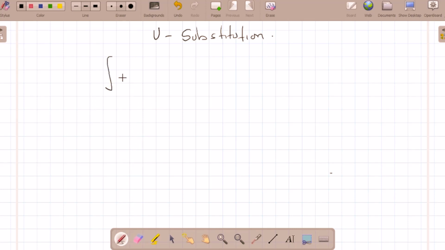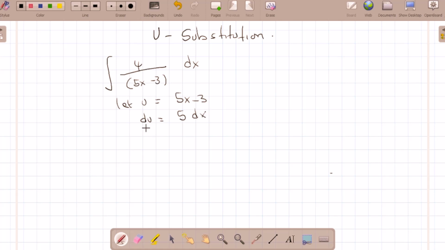And we have the integral of 4 over 5x minus 3 dx. Now we have to substitute this 5x minus 3. So we'll let u be equal to 5x minus 3. Therefore, du is equal to 5 dx. And du divided by 5 is equal to dx.